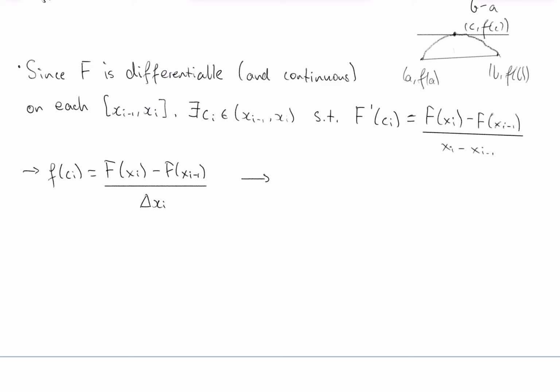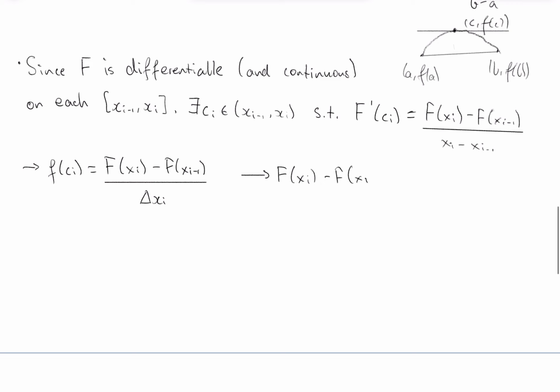And from that we get f of xi minus f of xi minus 1 is just f of ci, and then we're multiplying both sides by the change in xi.